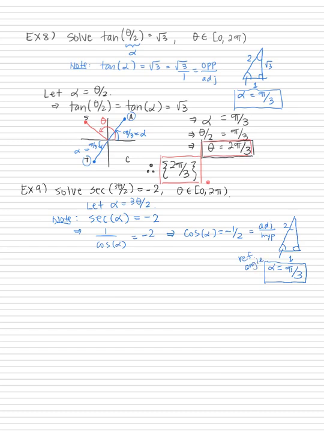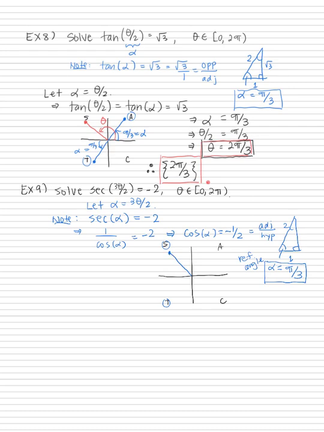Okay, now since cosine is negative, let me just draw the positive quadrant. Okay, cosine is negative in quadrant 2 and quadrant 3. Okay, so our reference angle of pi/3, so it's gonna go like this.